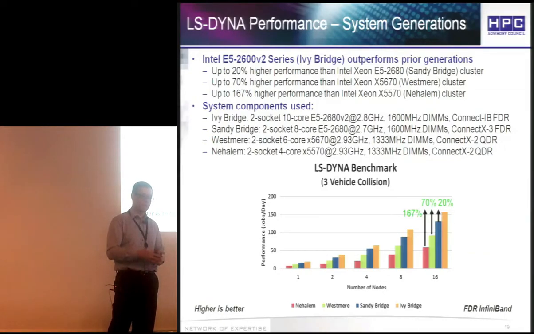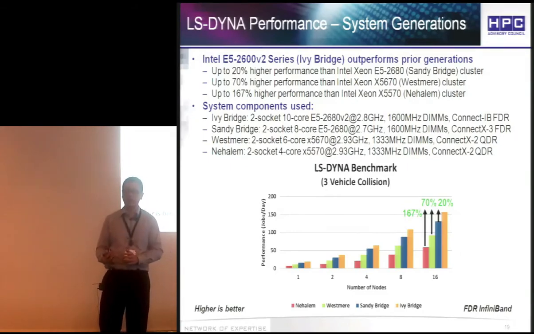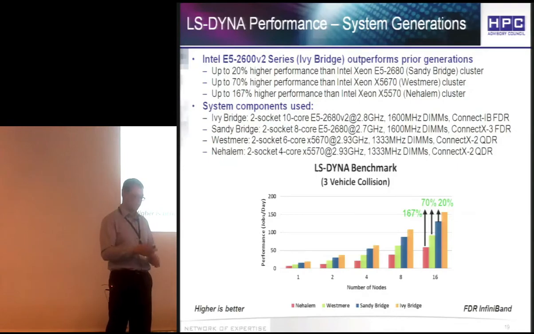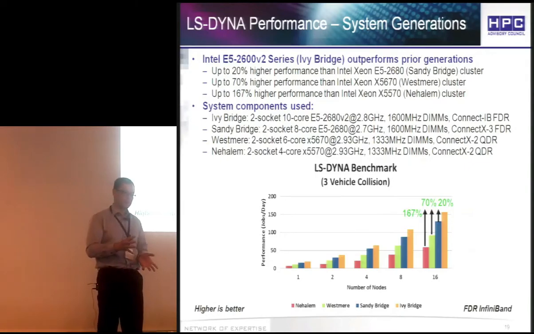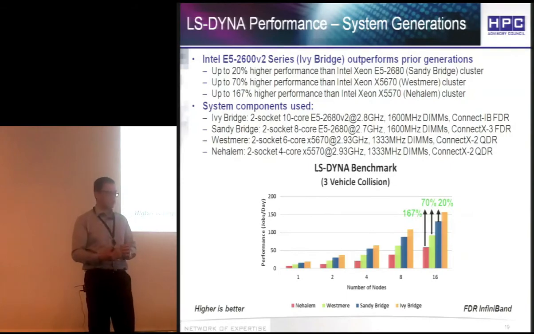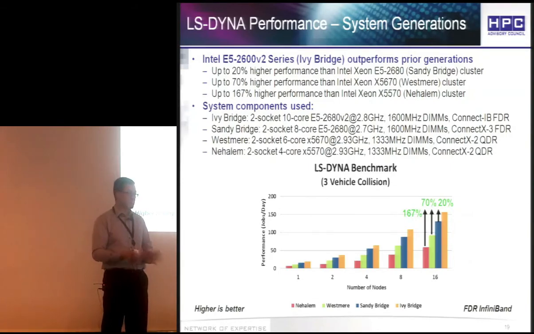They're very typical ones that people would use for running jobs at that time. When you look at the Sandy Bridge technology and all the hardware components available in that era, and you run Lsteiner with it, this is the performance you get in the blue bar. Then you take the Westmere generation of the cluster, with the same memory and network technology, and that's what you see in the green bar.